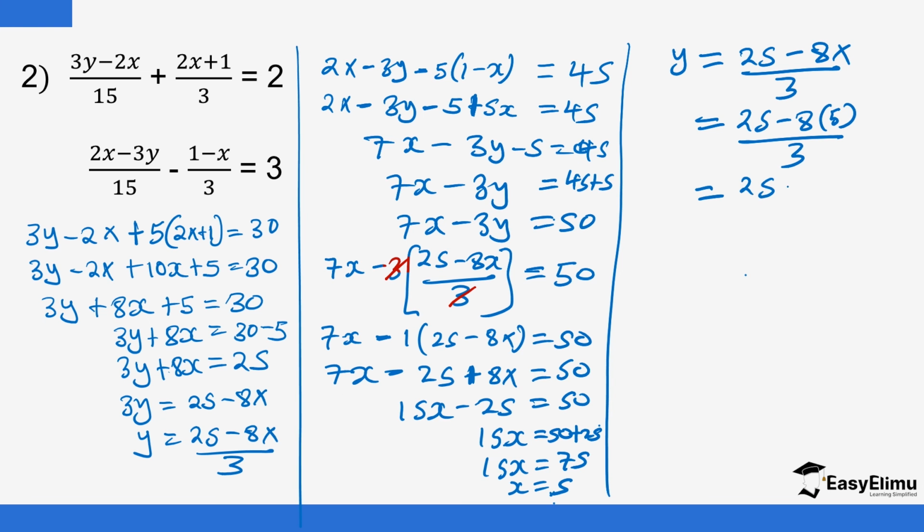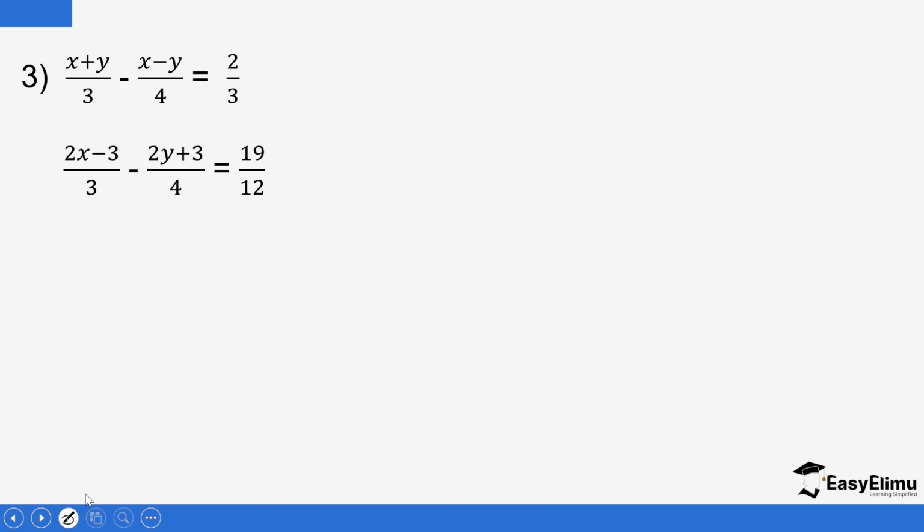So this is 25 minus 40 over 3. So 25 minus 40 is minus 15 over 3, and therefore this is going to be minus 5. So x is 5 and y is minus 3. So this is how you go about it to help you solve for the unknown.